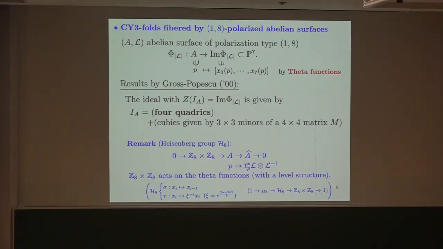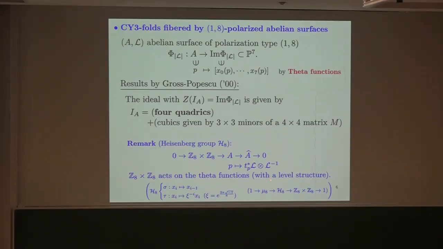In other words, the theta functions are sections of the line bundle. So this kernel acts on the theta functions which we use for the embedding problem. So the Z8 cross Z8 naturally acts on the sections. That's the picture I want to draw here.